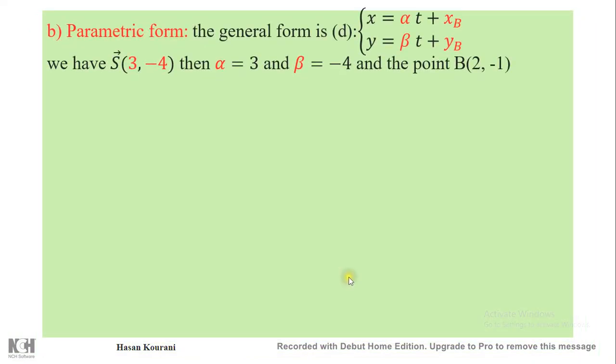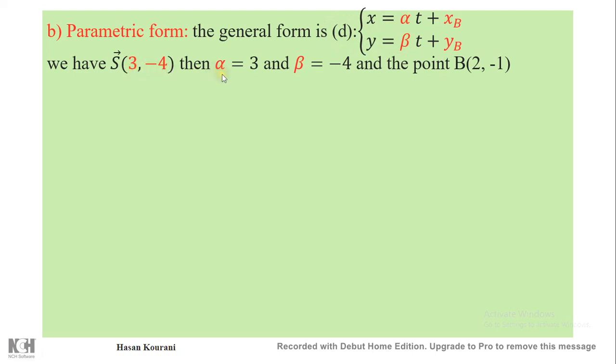Now, in parametric form, remember that the general parametric form is x equal alpha t plus x of a point on D, y equal beta t plus y of a point on D. As you know, we are given point B on the straight line, so we may just directly replace xb and yb by their values, where alpha and beta are the coordinates of a direction vector of D, and we are given it, which is (3, -4).